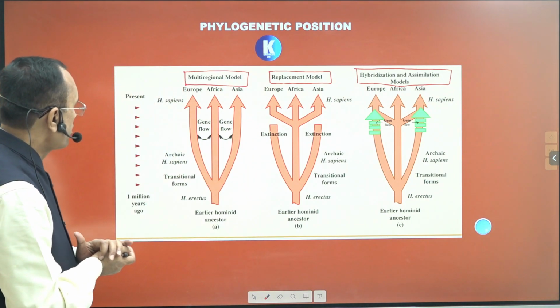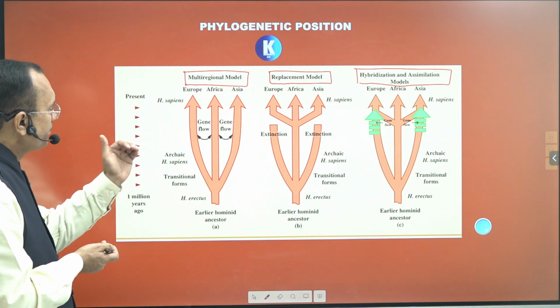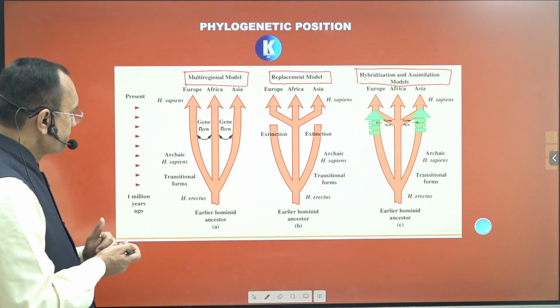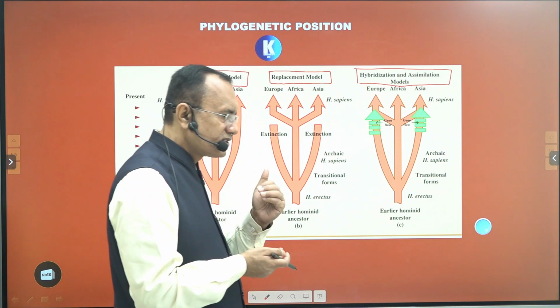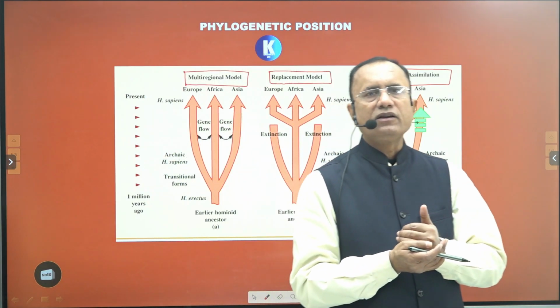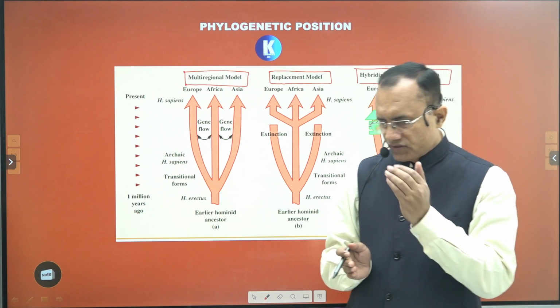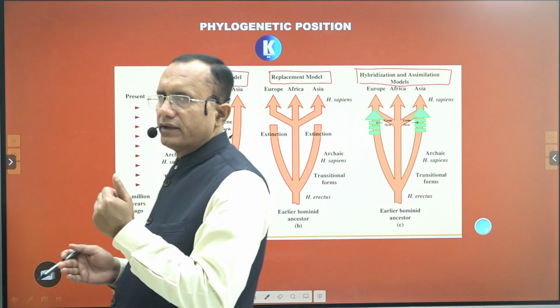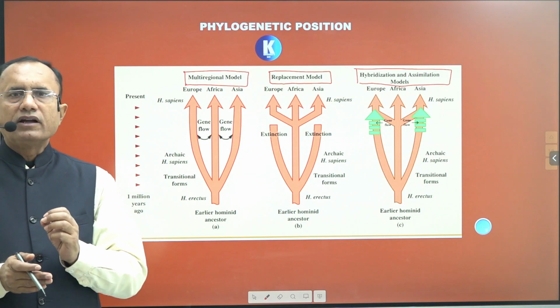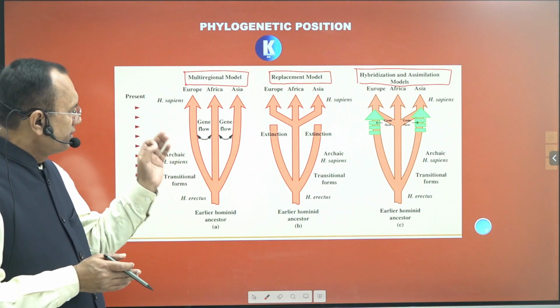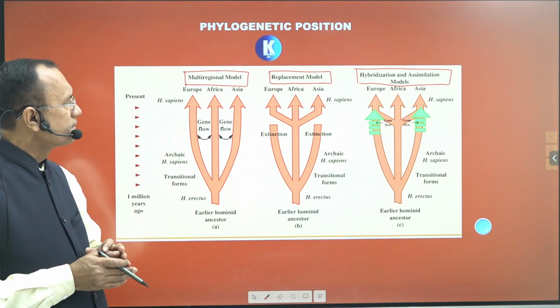Means, if you talk about the evolution of Homo sapiens in China, Homo sapiens evolved in China through Sinanthropus. Homo sapiens evolved in Java, that was evolved from Pithecanthropus erectus.